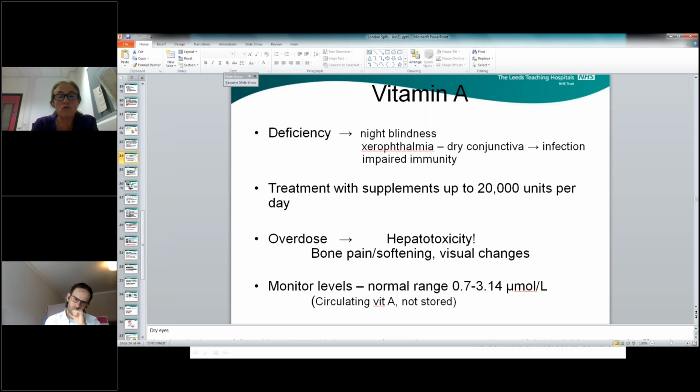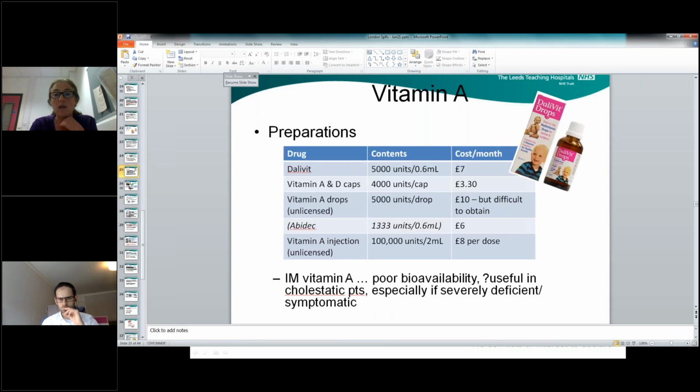And the choice of drug that, well, certainly that we use in Leeds is Dalavit, and we would choose Dalavit because it's readily available in primary care as well, so it's easy for GPs to prescribe, and it contains a decent amount of vitamin A in a normal dose. And although obviously Dalavit contains other water-soluble vitamins as well, we're not worried about overdosing on those. So Dalavit would be the vitamin A preparation of choice.